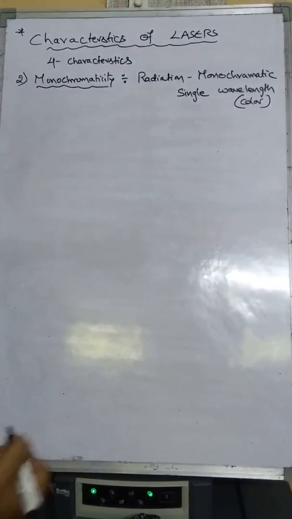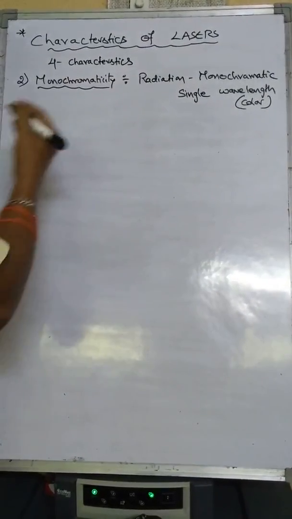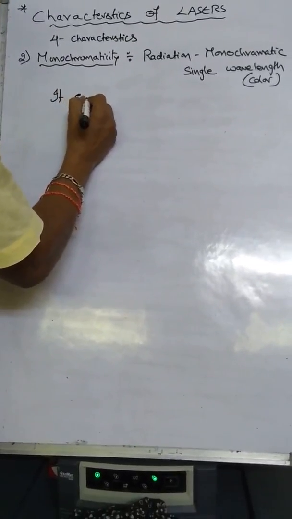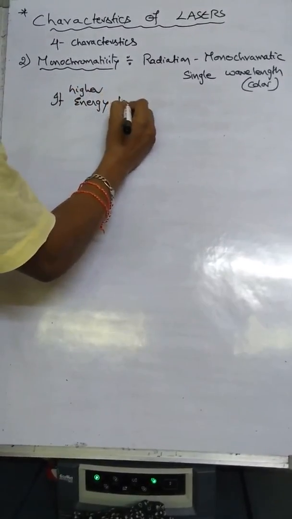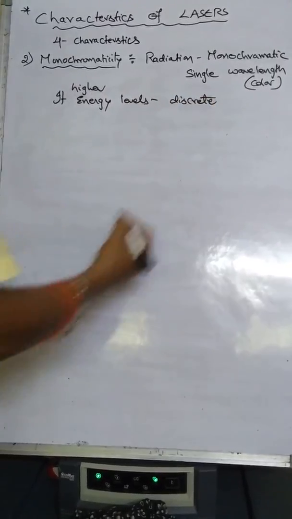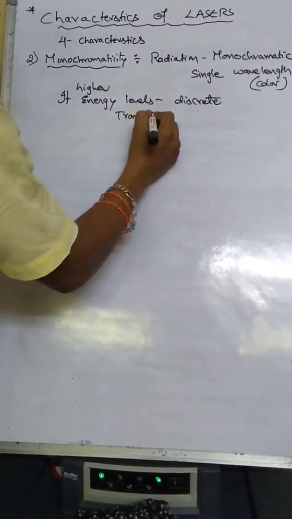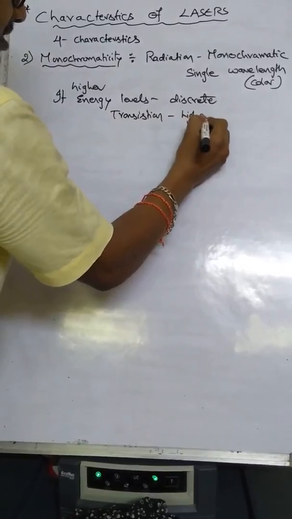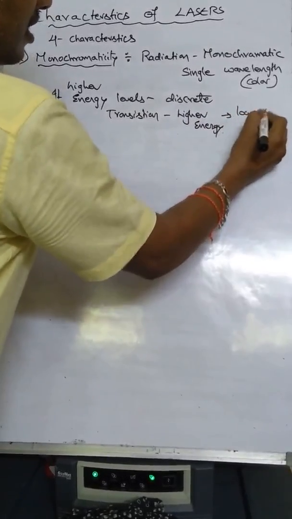So how is monochromaticity attained, and what are the parameters? For example, if the higher energy levels are discrete, that is, very separated with a huge gap, then there will be a transition from a higher energy level to a lower energy level.